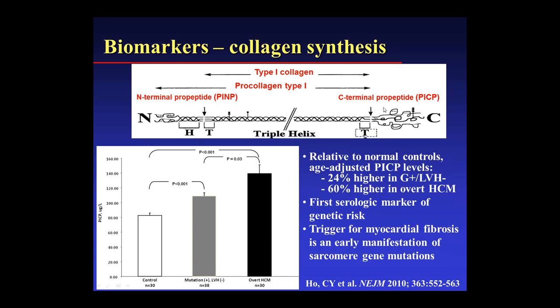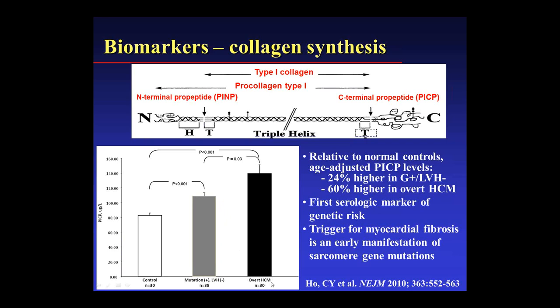Collagen is the building block of fibrosis or scar in the heart muscle. And so increased levels of this building block in the blood is a circulating marker of more scar in the heart. Again from the Brigham group, patients with HCM mutations but without overt HCM by echo or CMR had modestly increased levels of PICP.